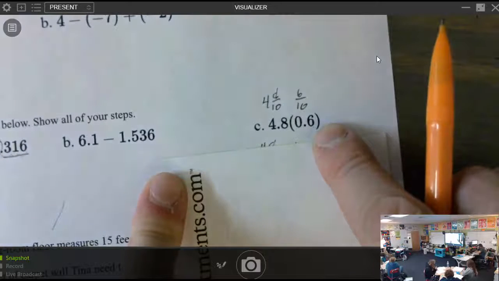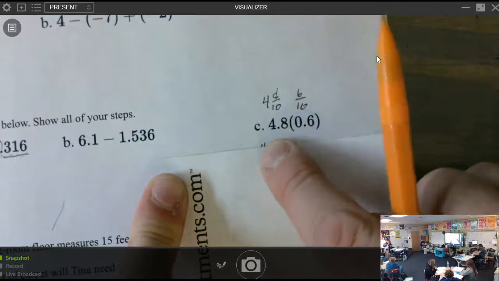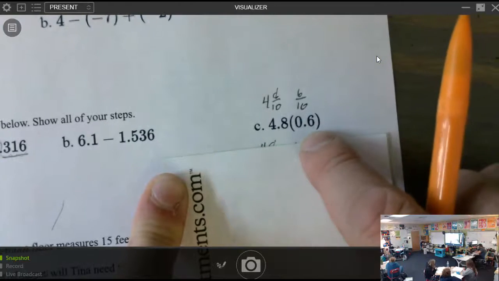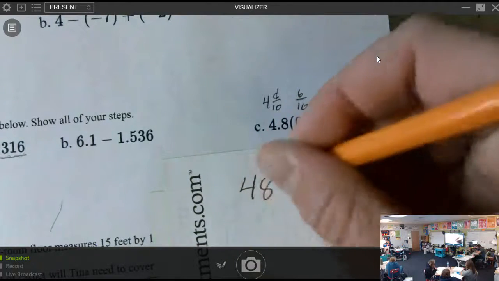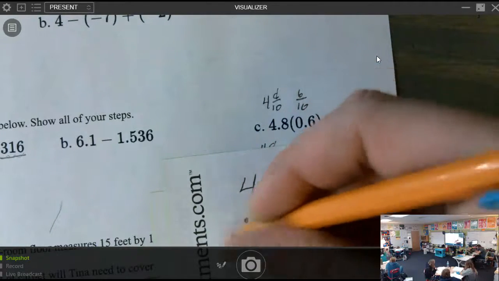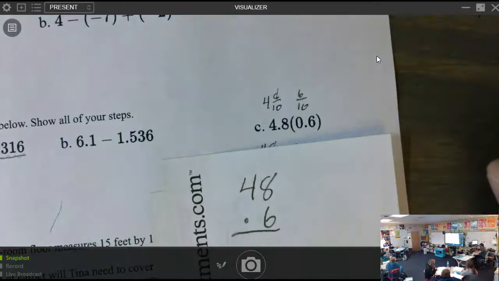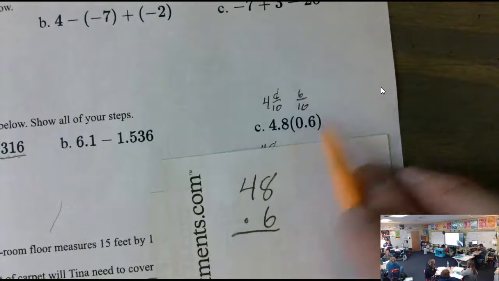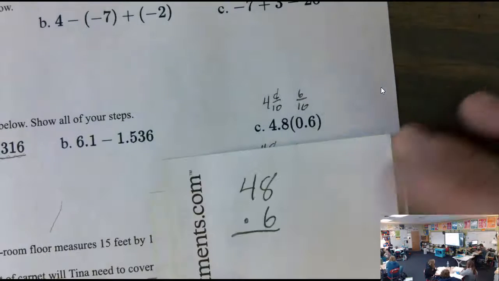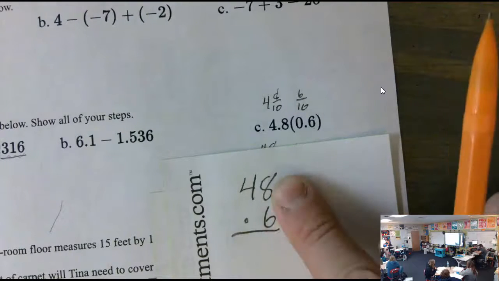If you wanted to just do 6 times 48 and then bring back in one more decimal place, or we said do 48 times 6. Forget about all of the decimal places and then bring them back at the end. So if you want to do just the numerical, not like fraction multiplication, we can do this like we used to do multiplication.